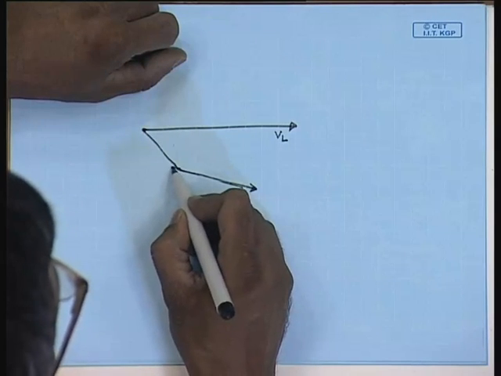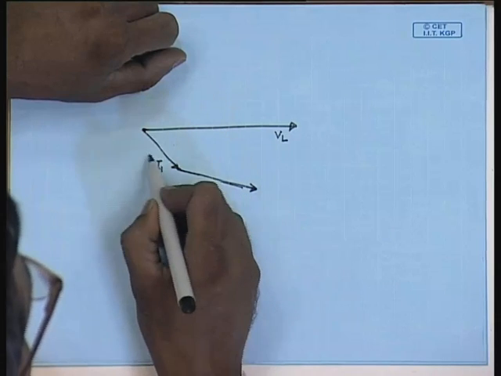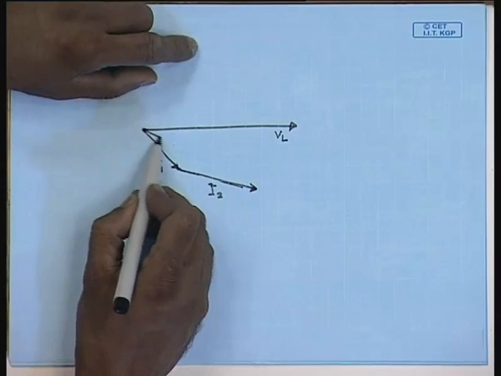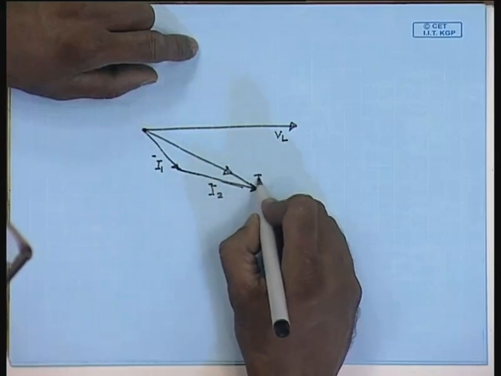This is I1, this is I2, and this is the total current IL.